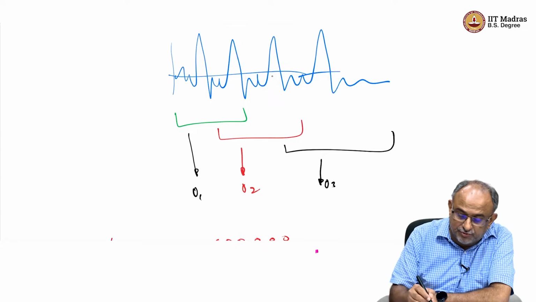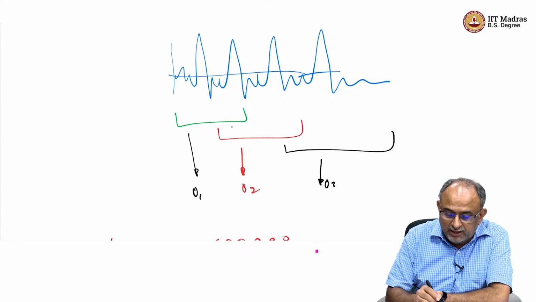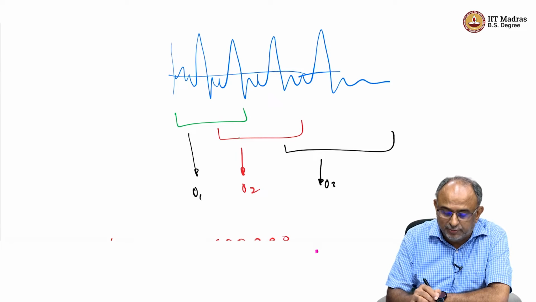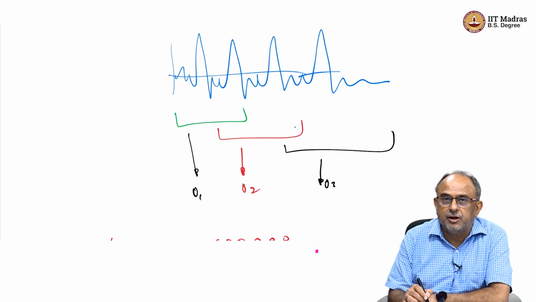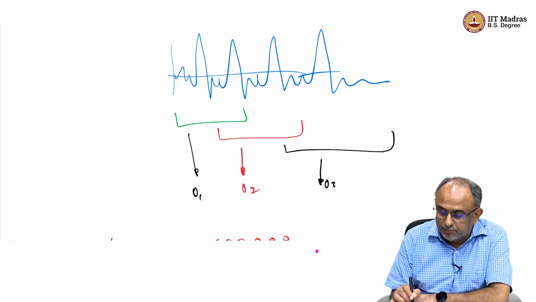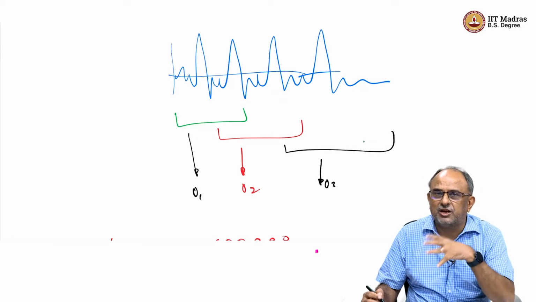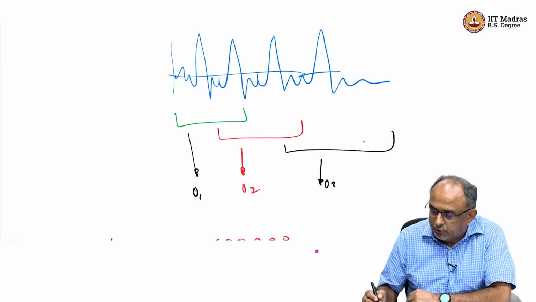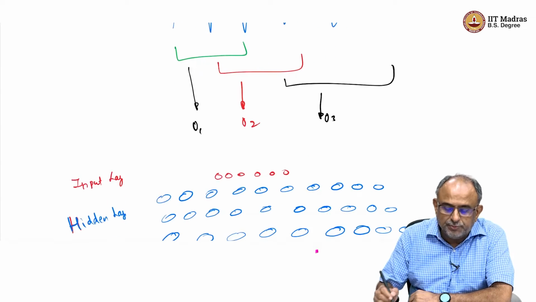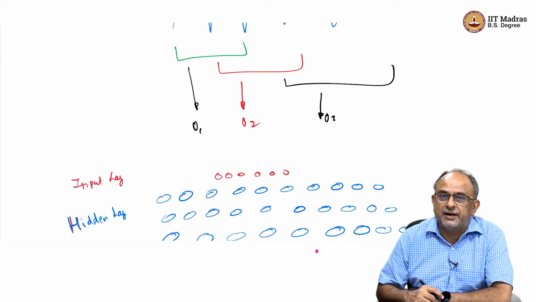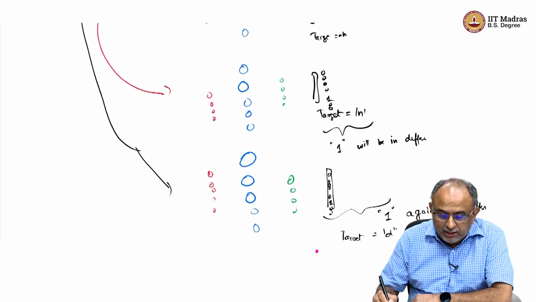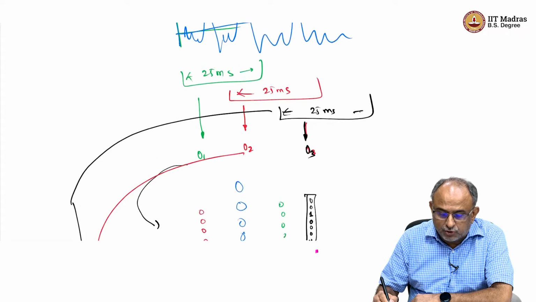Every 25 milliseconds is one segment: green is one segment, red is another, black is another. How did I arrive at 25 milliseconds? Historically, a lot of people have worked on it and found that 25 is a good number. From each one of these I extract mel filter bank features.